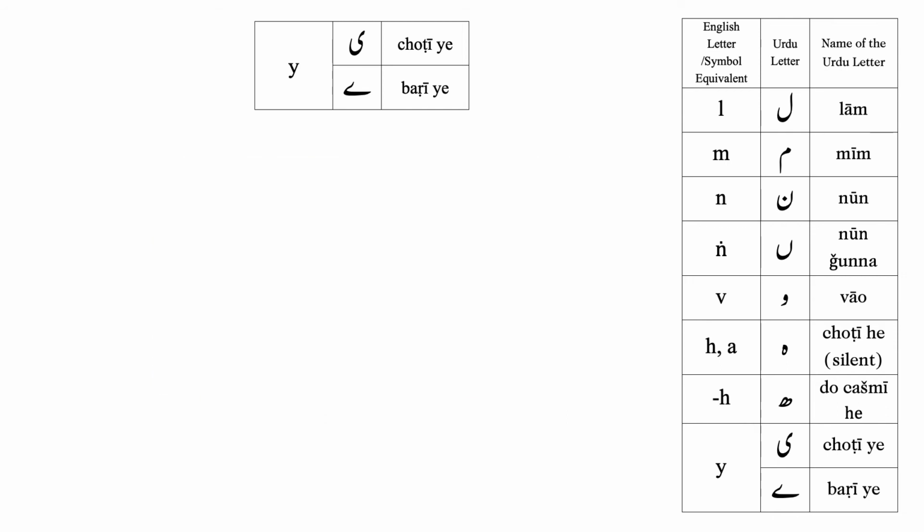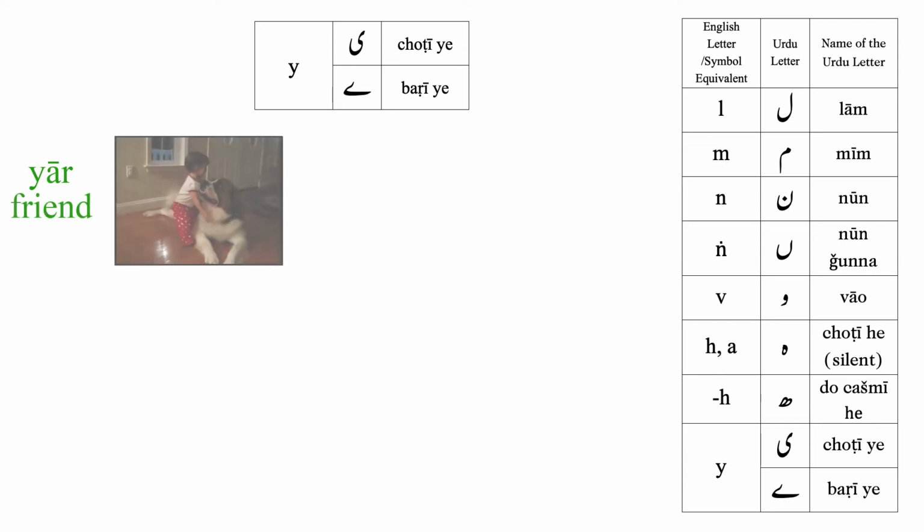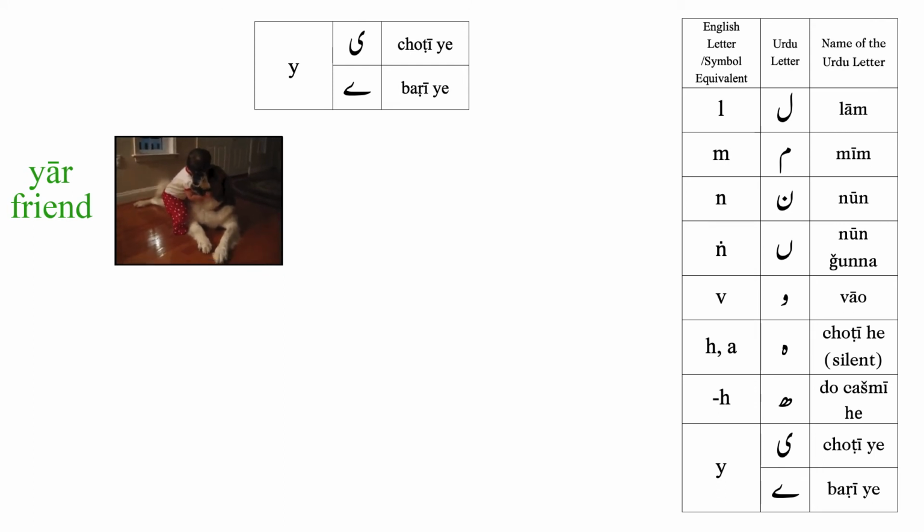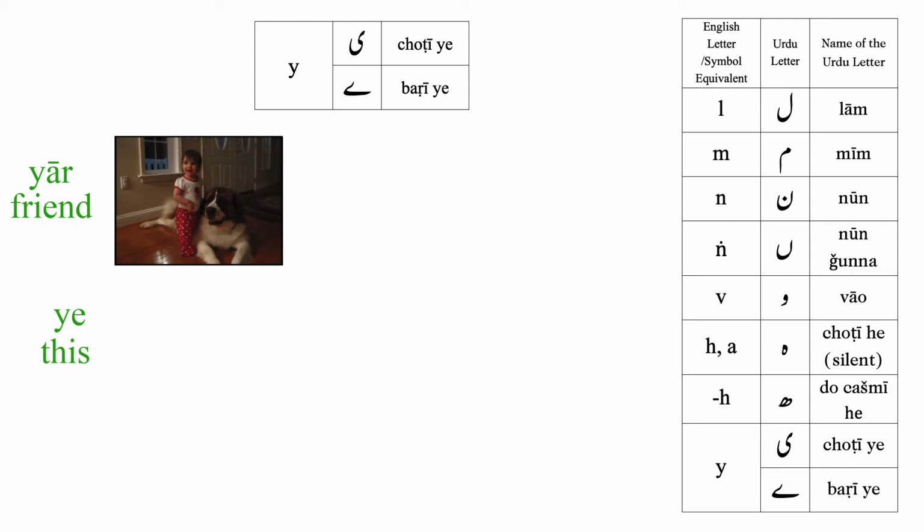So our first word, beginning with ye, is yar. Yar. That's another way of saying dost, or friend. Then we have the word ye, which means this. Ye could also mean he, she, or it.